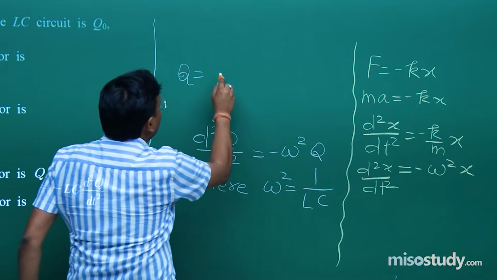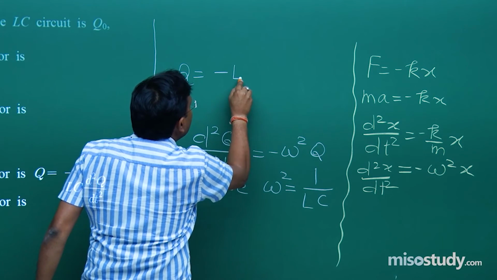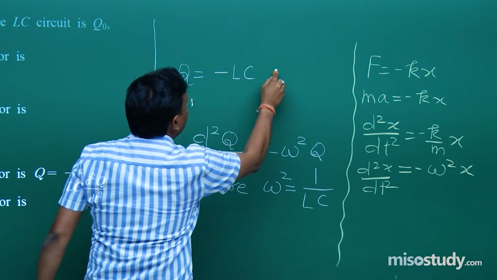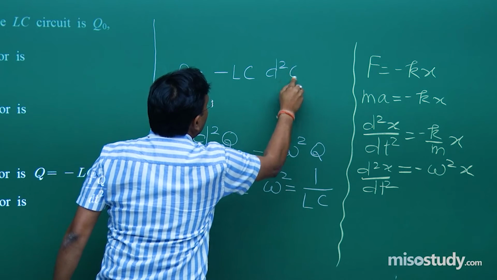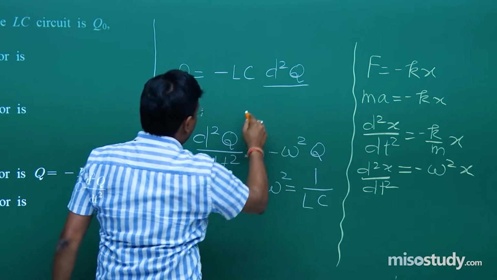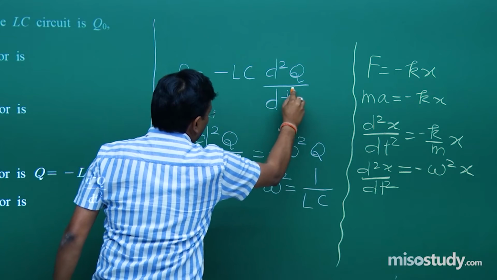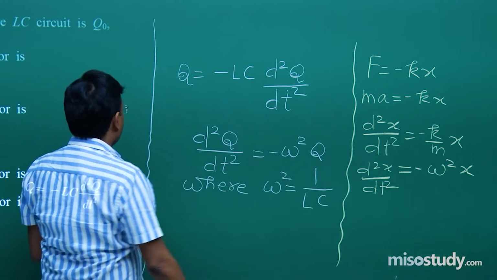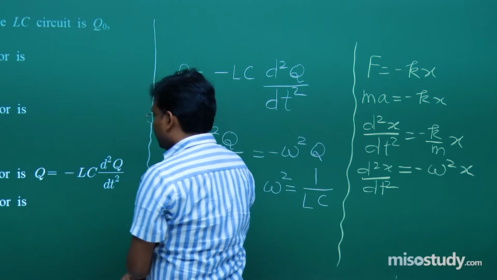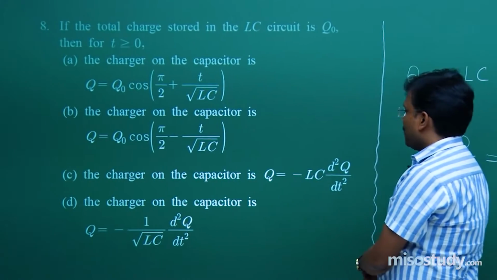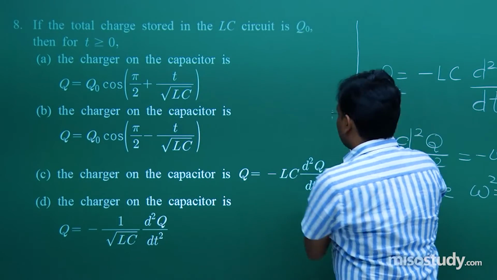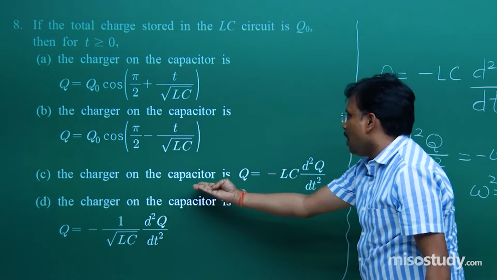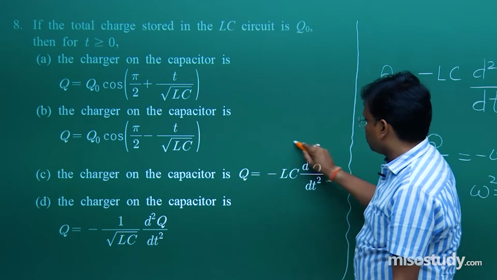So what you can write down? You can write down minus LC d2q upon dt square. Fine. Now let's try to compare. So the charge Q itself saying on the capacitor.